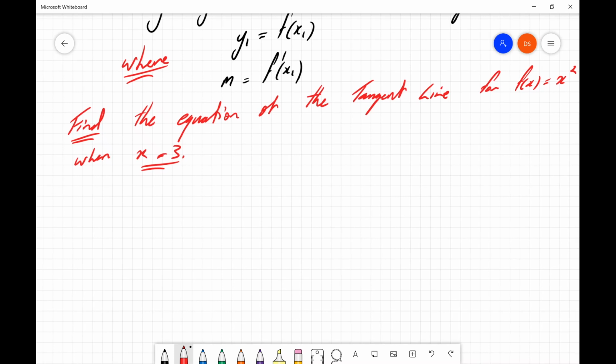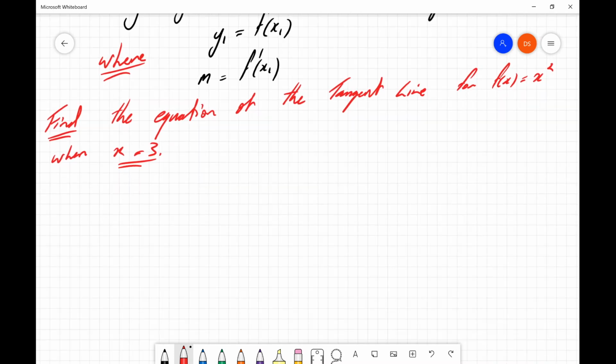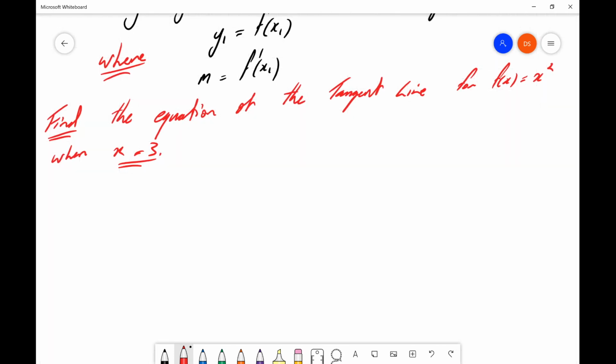So first off, let's see what we have. We write our equation: y minus y1 equals m(x minus x1). And let's list out all our unknowns. Okay, first off, x1 is equal to 3. Do we know y1?